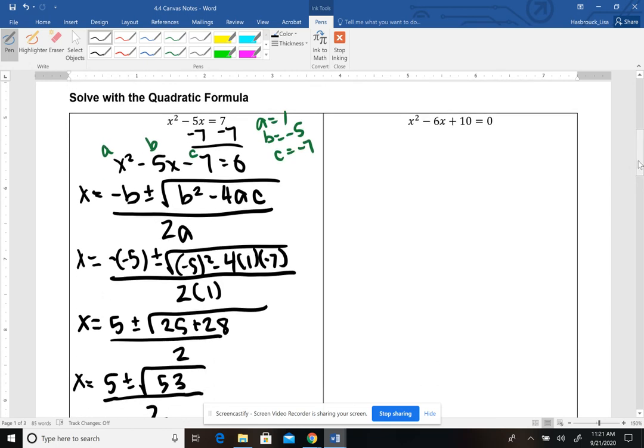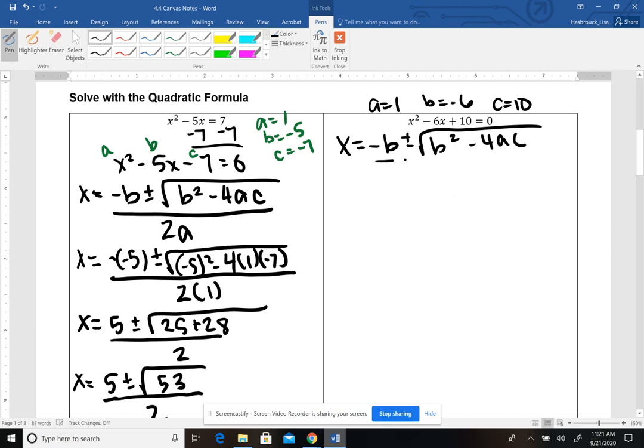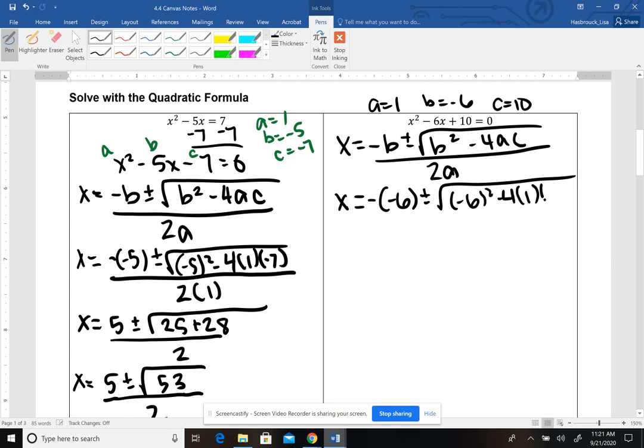Okay, for the next one, follow the same process. Our A is 1, our B is negative 6, and our C is 10. X equals negative B plus or minus the square root of B squared minus 4AC all over 2 times A. So X equals negative 6 plus or minus the square root of negative 6 squared minus 4 times 1 times 10 all over 2 times 1.